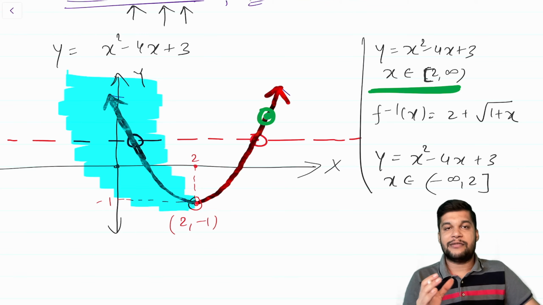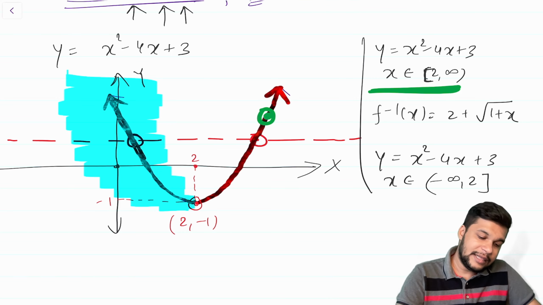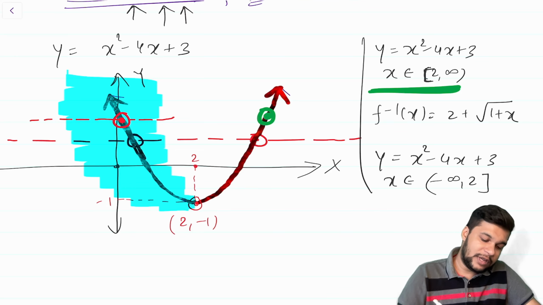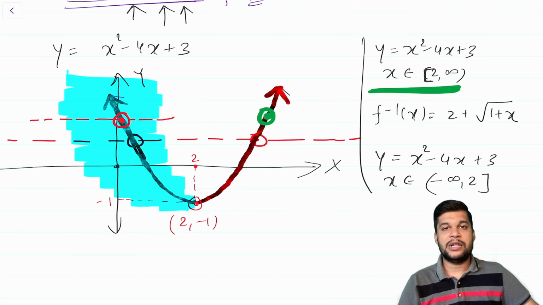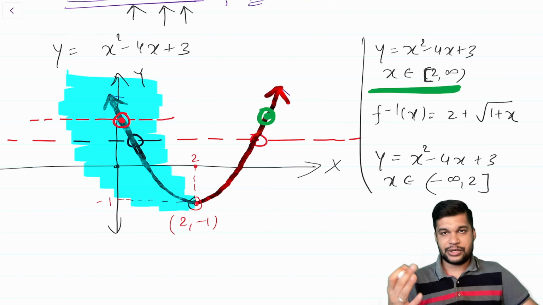So only the blue half, the part of the graph highlighted by blue color, the left half. In the left half, if you draw a horizontal line anywhere, it intersects at one and only one point. So again, for the left half, the inverse exists.